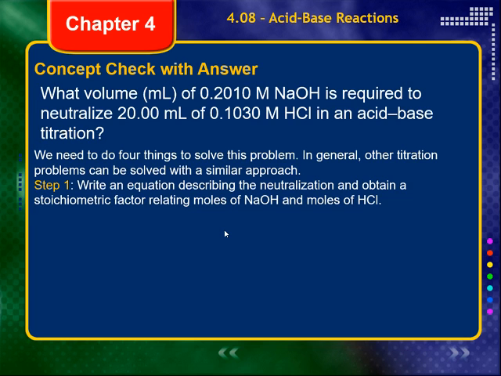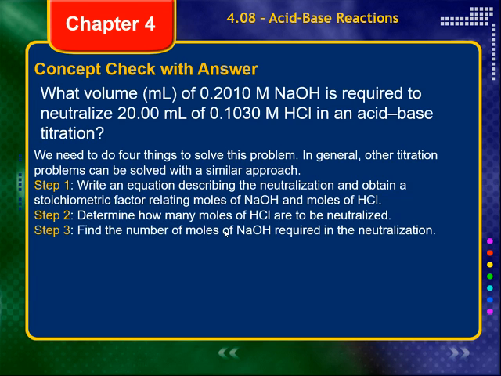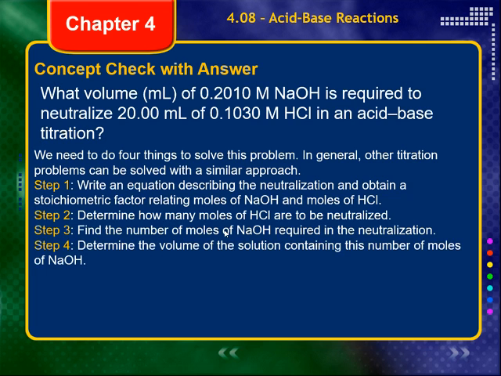I'm going to balance it stoichiometrically with the different coefficients, and I'm going to use that as I go forward. Once I determine how many moles of HCl are to be neutralized, I find the number of moles of NaOH required in that neutralization. Lastly, I determine the volume of the solution containing this number of moles of NaOH.